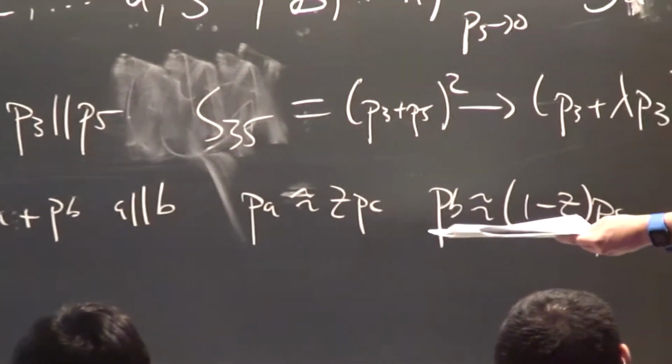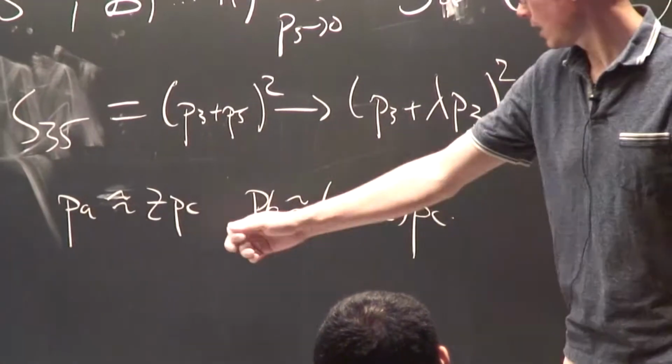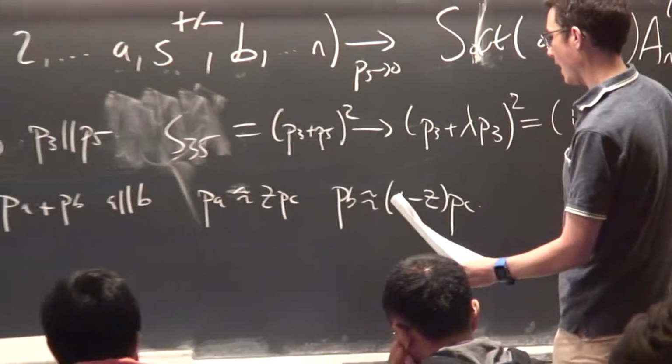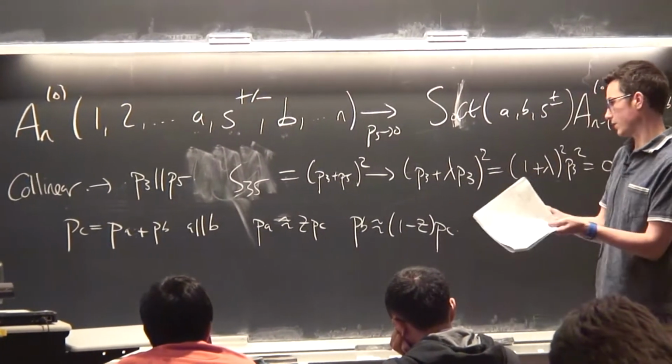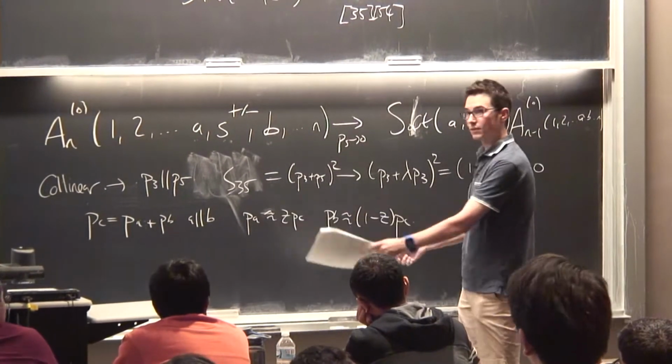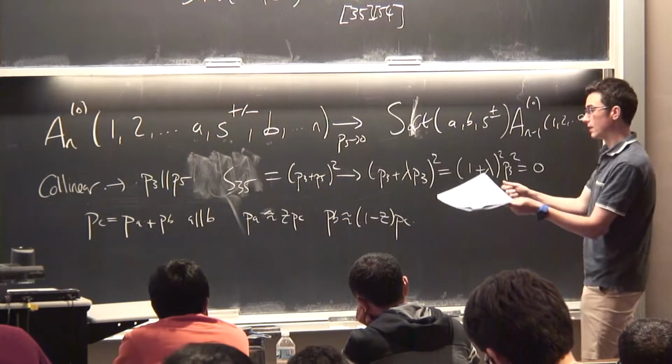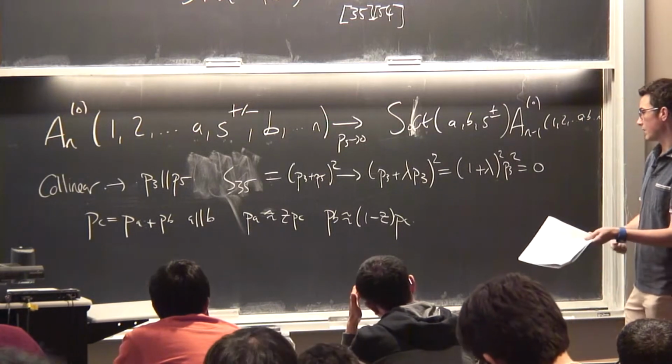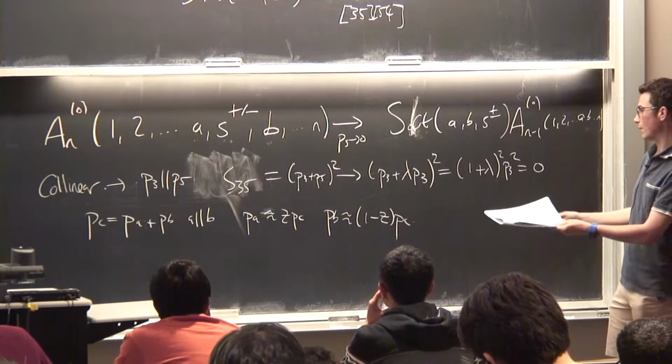So PC is a light direction, PA and PB are my two particles going collinear, and Z is just the fraction of energy that's shared between the two. If we add the two together, PA plus PB, we just get back to PC.